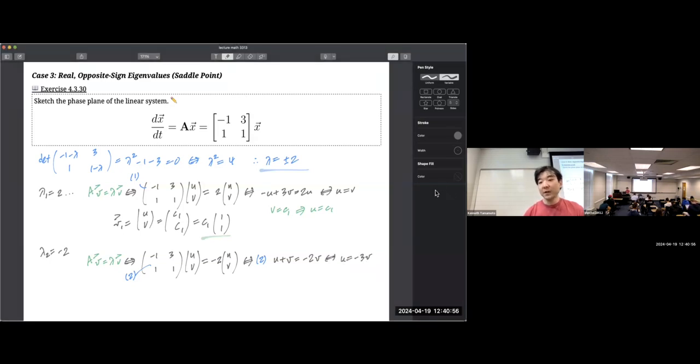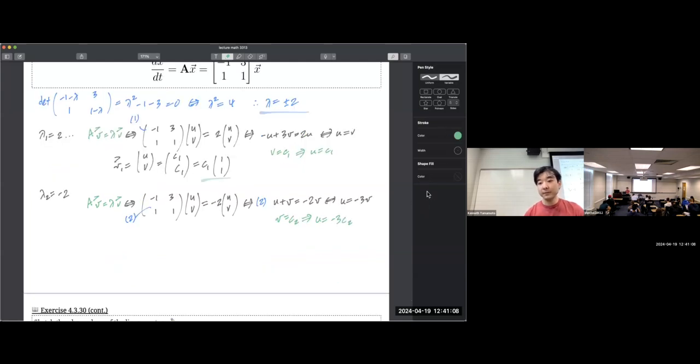You could say v is free, c2, but that means u must be negative 3c2.